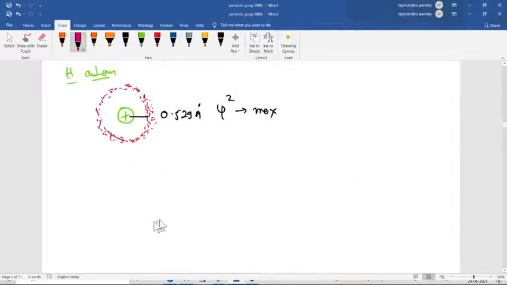So we take different arrangements, different types of molecules or ions, to measure the atomic radius.